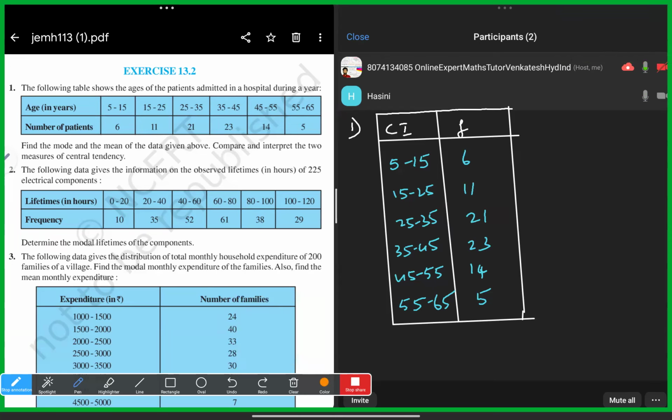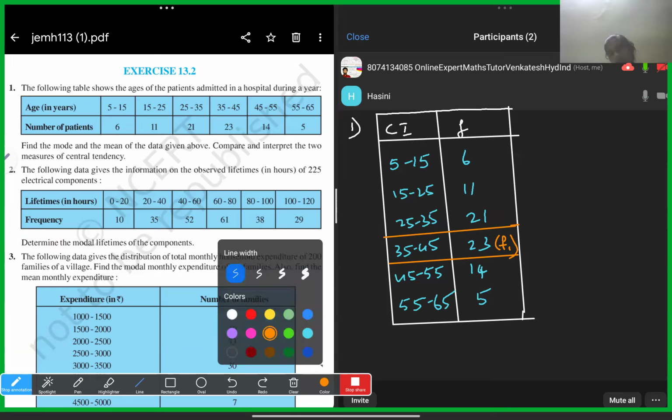In the frequency column, what is the highest frequency? 23. This will be the F1 value in the formula, and whatever class interval corresponds to that F1 will be the modal class.